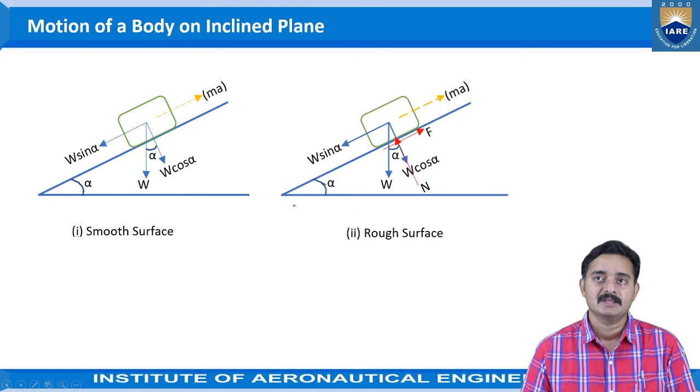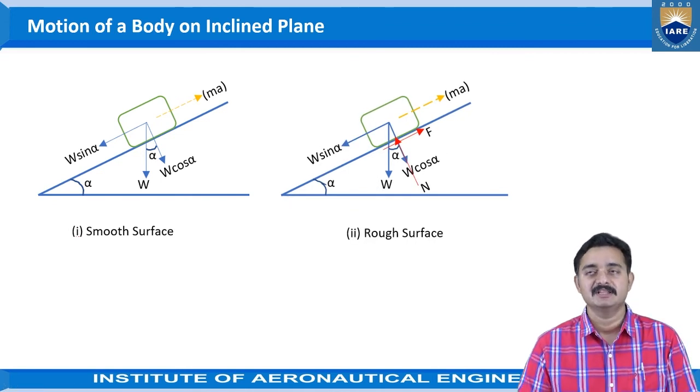Now coming to the rough surface. If a rough surface is involved in the system, then what happens?